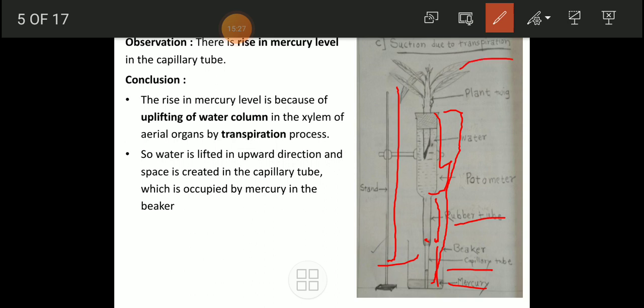So what happens is, because of sunlight the temperature may increase, and due to that the process of transpiration starts, or we can say the rate of transpiration increases, and once the rate of transpiration increases, continuous loss of water takes place through the stomata or the cuticle, and that water loss will immediately be compensated by the water present in this potometer.